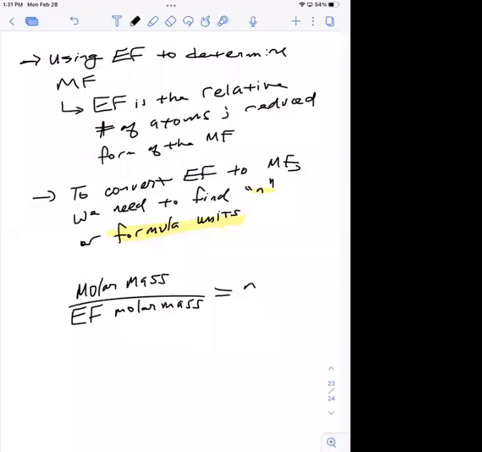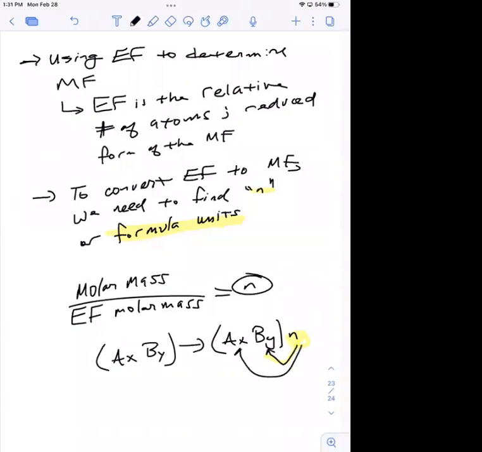Once we find N, let's say this is my empirical formula, A X B Y. When I find N, I'm going to distribute it here and here.